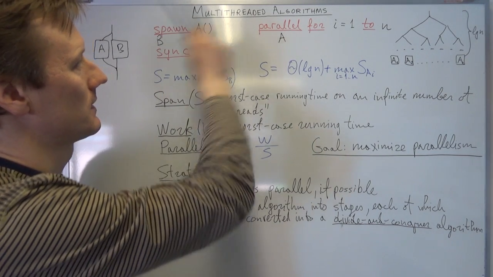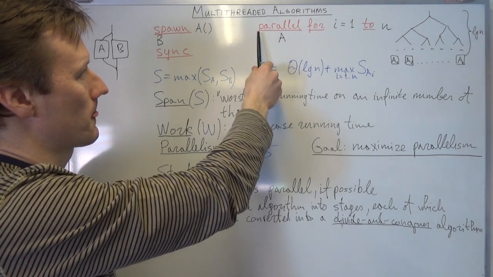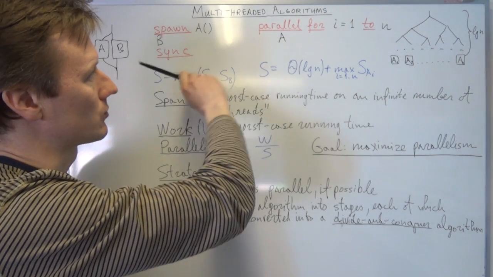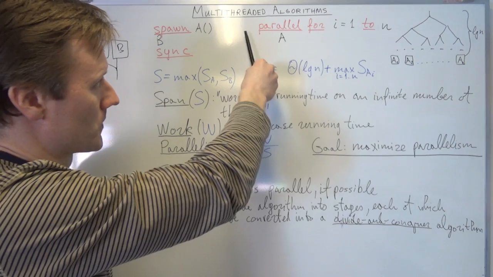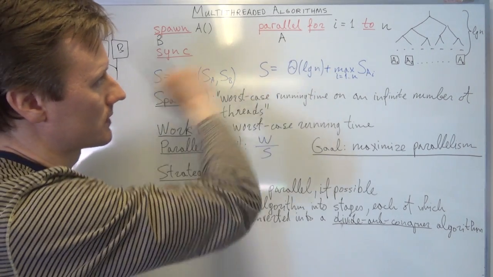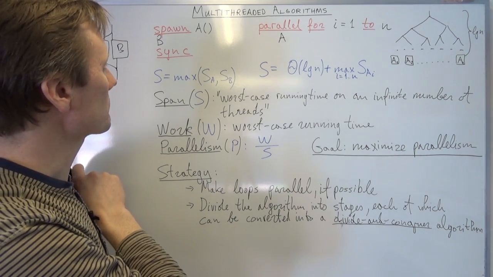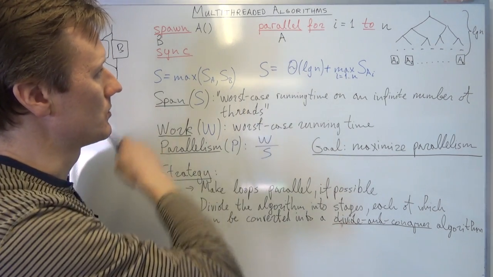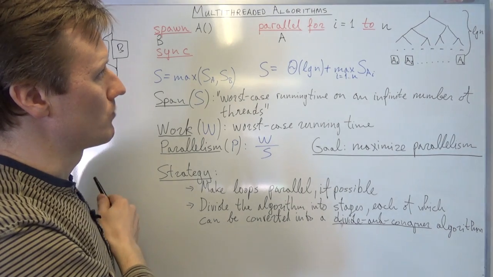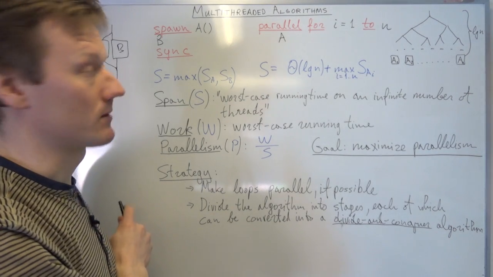Another primitive that we have is called parallel loops, where I put a parallel keyword in front of a for loop, and this means that I run the body of the loop, all the iterations of the loop, in parallel.